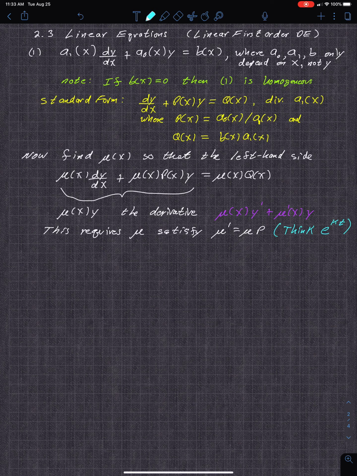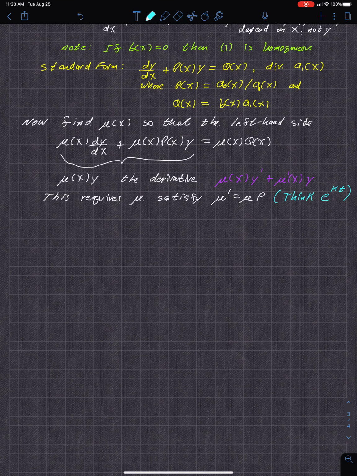So what you do is write d mu dx is mu p of x. And that is a separable equation.